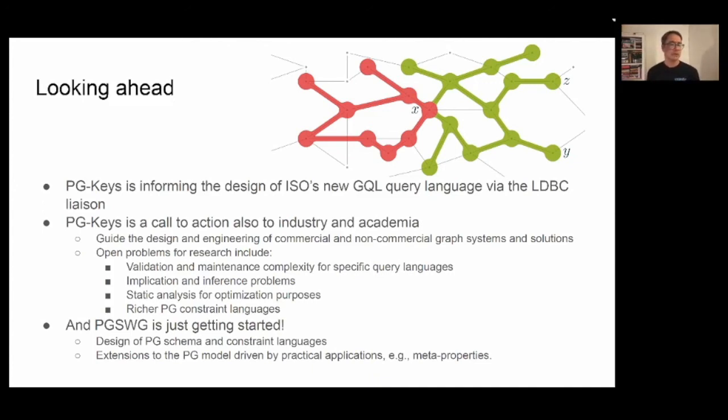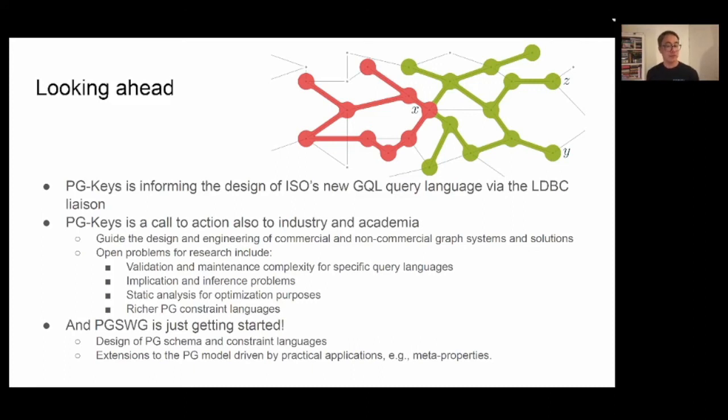And more broadly, PG keys is a call to action to industry and academia to guide the design and engineering of commercial and non-commercial graph systems and solutions, and for the academic study of the wide range of open problems that remain to be studied, including validation and maintenance complexity for specific query languages, studying implication and inference problems, static analysis for optimization purposes, and the study of richer constraints for property graphs.